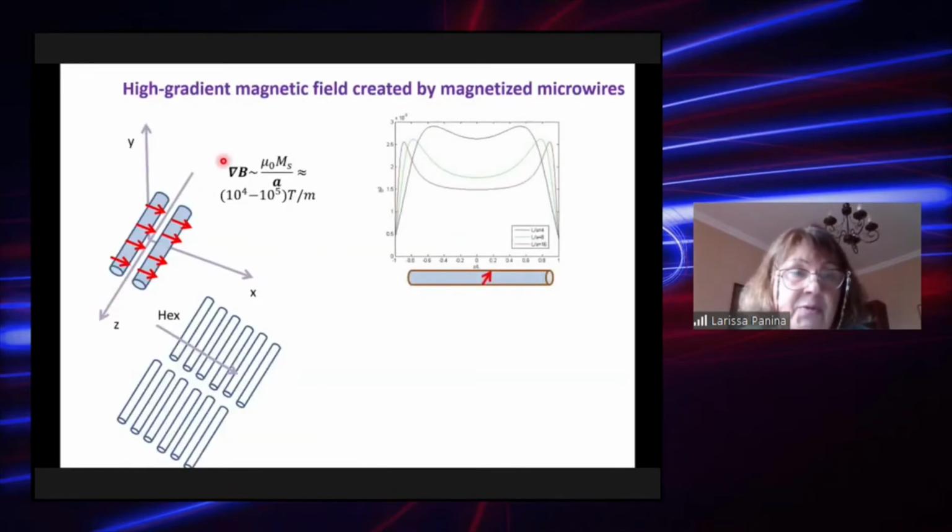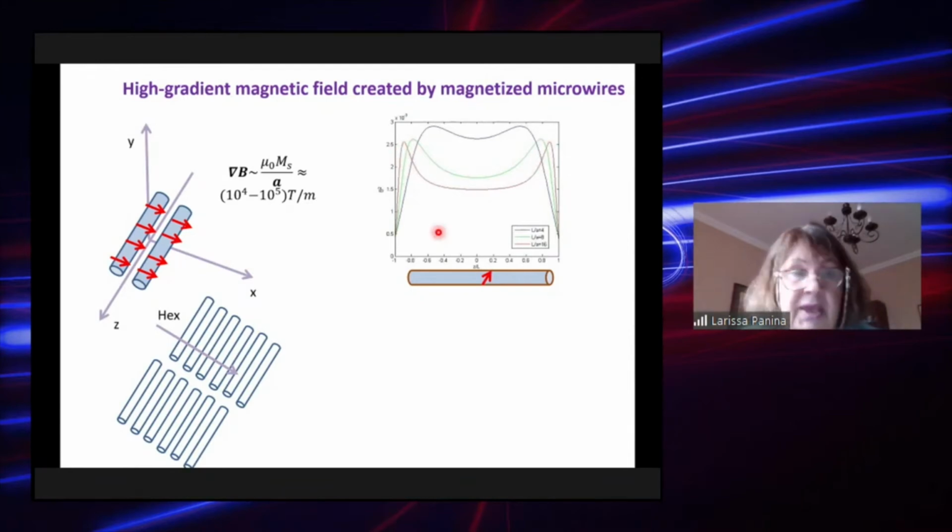When we have a pair of such wires magnetized along the diameter, if the length is considerably larger than the wire radius, that would produce this camel-shaped two-dimensional minima.